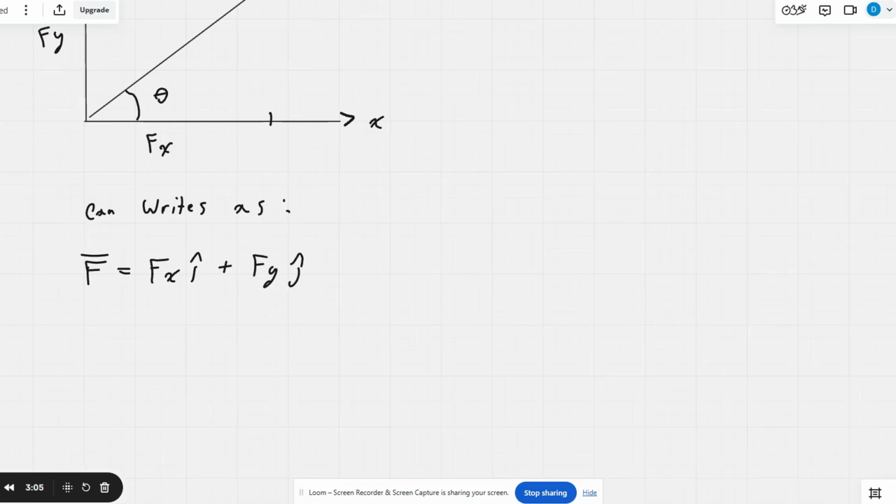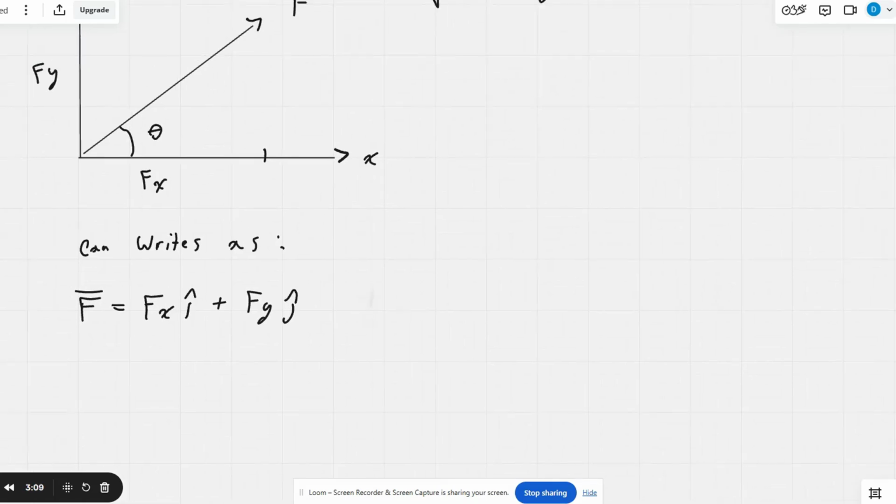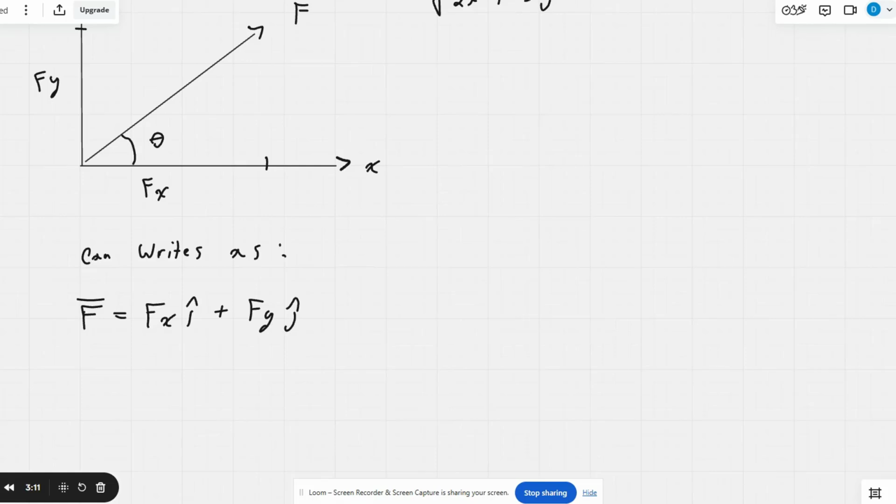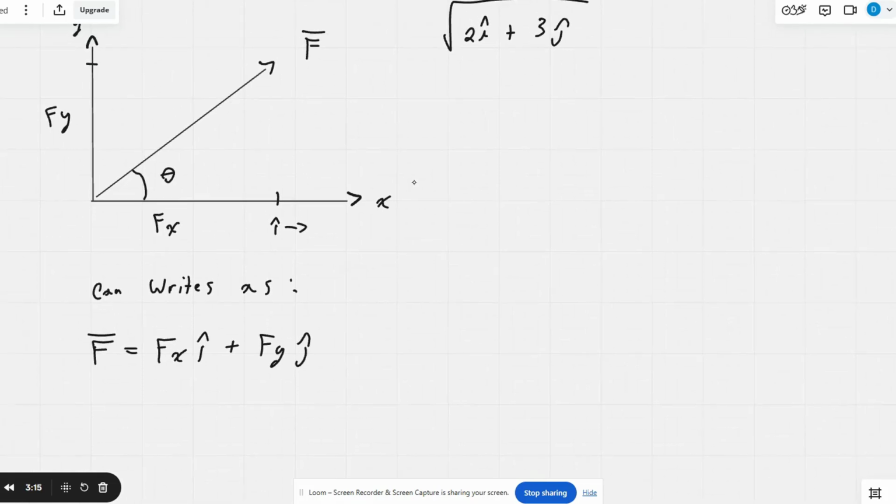That's a little bit more general here. And our i direction is going to be our x. So this would be our i direction, and this would be our j direction. If you've covered vectors, this is a little bit of a review.